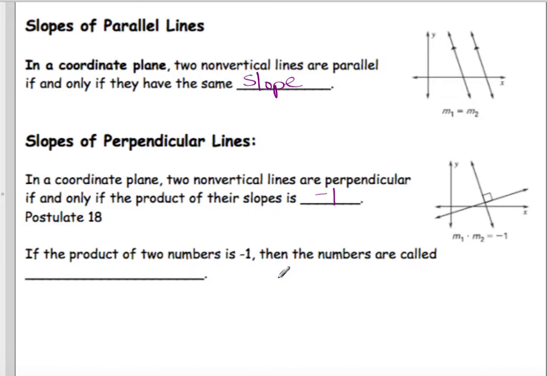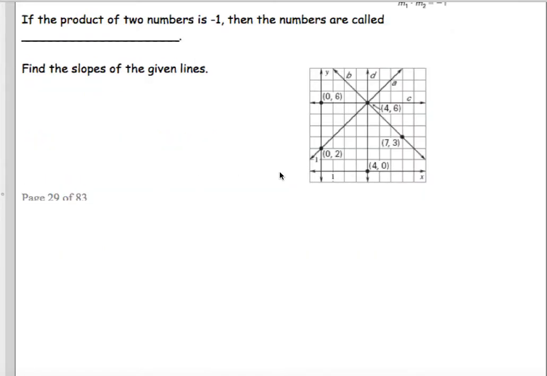If the product of the two numbers is -1, then the numbers are called opposite reciprocals. That's probably what you remember from Algebra 1. I'm not going to fill that in again.